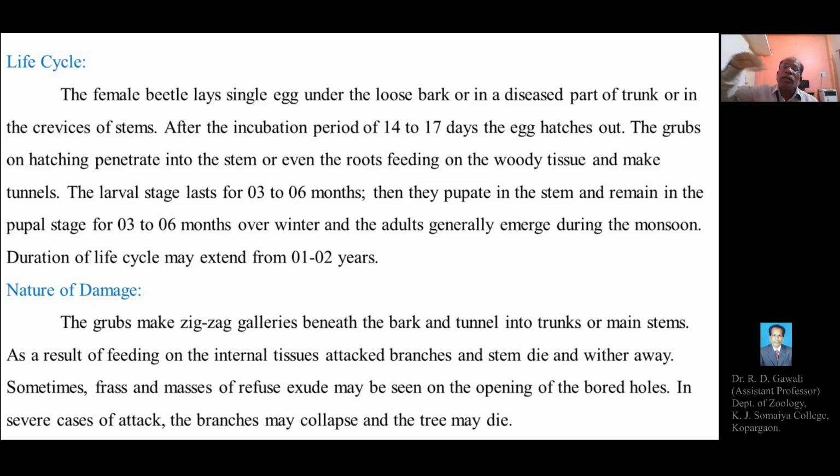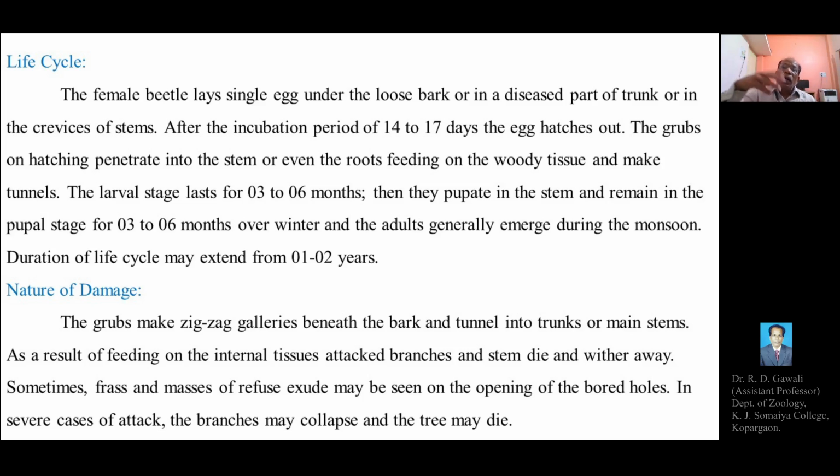So in the initial phase, it rotates just inside the bark of the tree, and then it enters into the hard or woody tissues, preparing a burrow in the mango shoot.